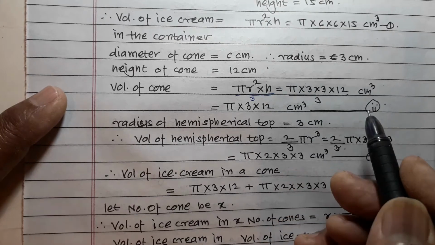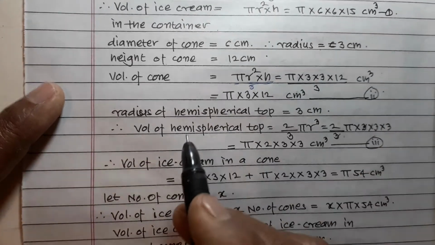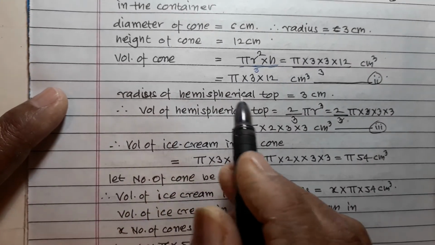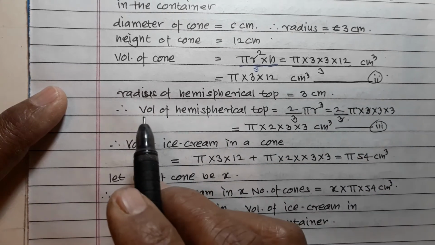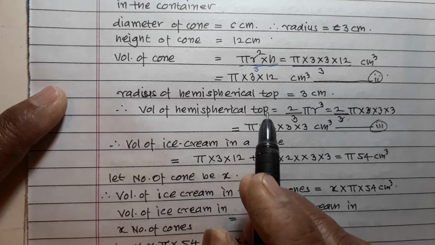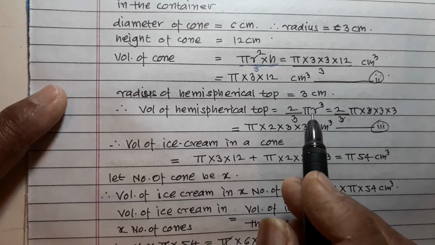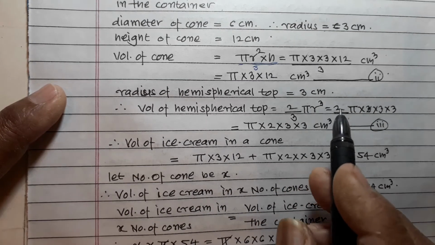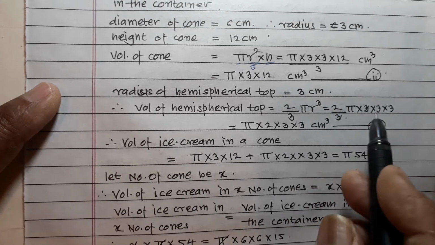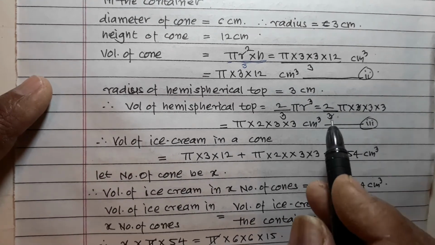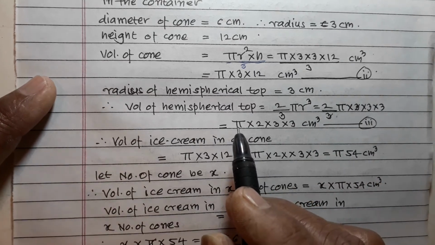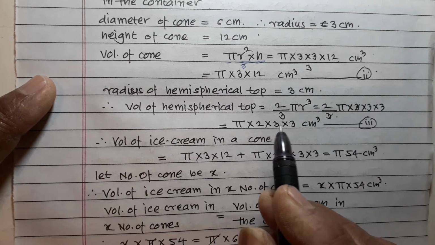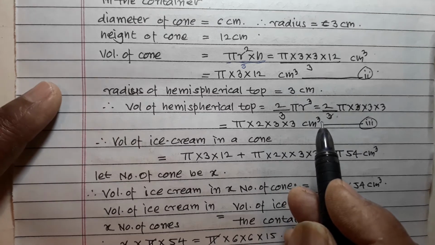Statement number 2. Then radius of hemispherical top is equal to 3 centimeter and therefore volume of hemispherical top is equal to 2 upon 3 pi r cube. So 2 upon 3 pi into 3 into 3 into 3, one 3 gets cancelled and therefore it is equal to pi into 2 into 3 into 3 cm cube.